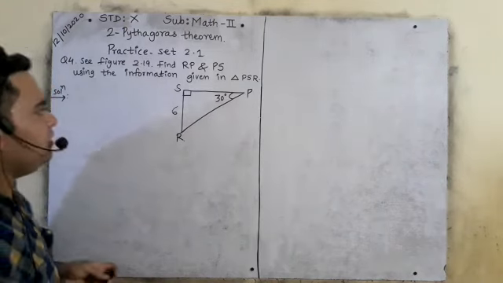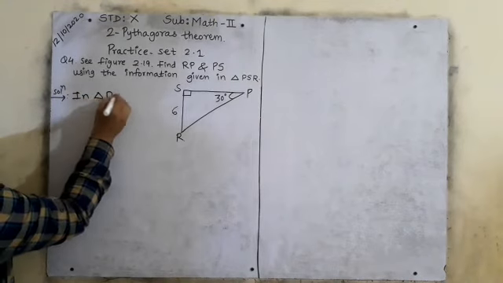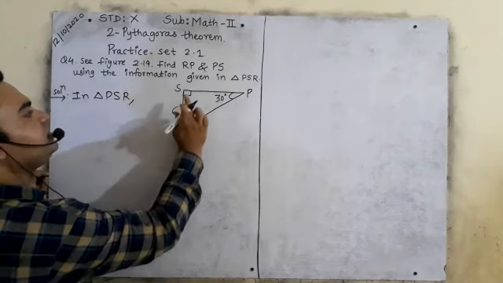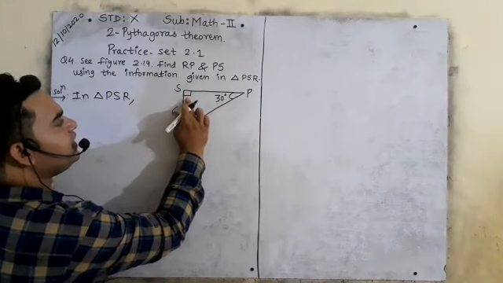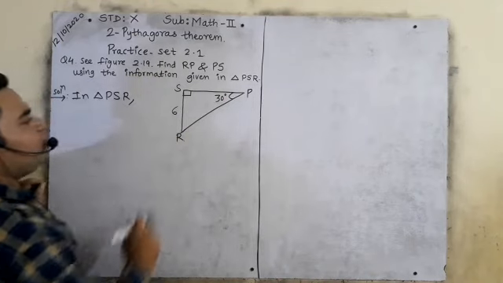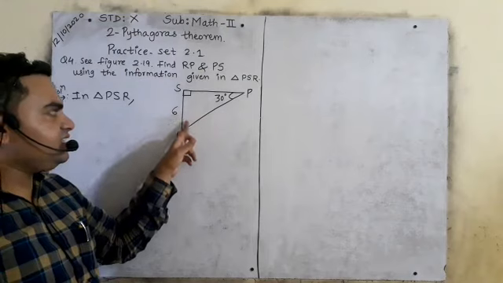Very simple. I will write: in triangle PSR, can you see here identical marks are given? Angle S is 90, angle P is 30. So angle R will be how much? Just now I explained 30, 60 and 90.